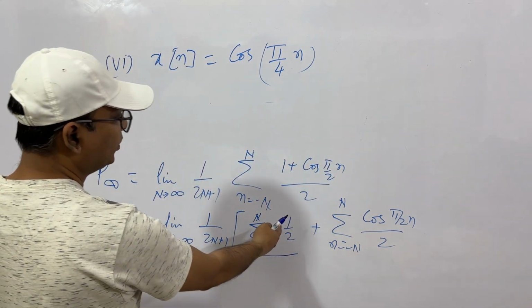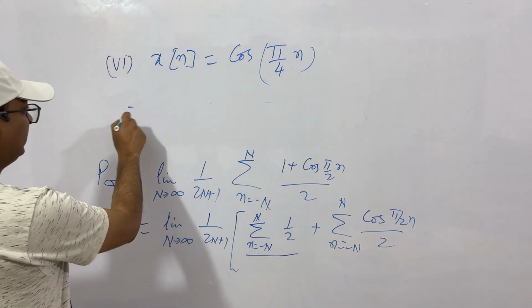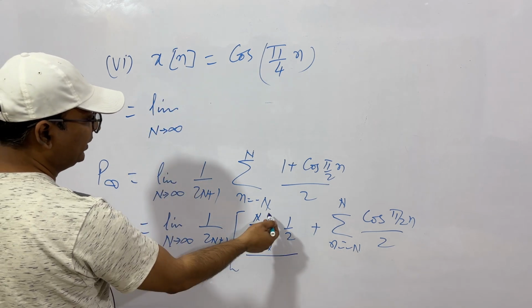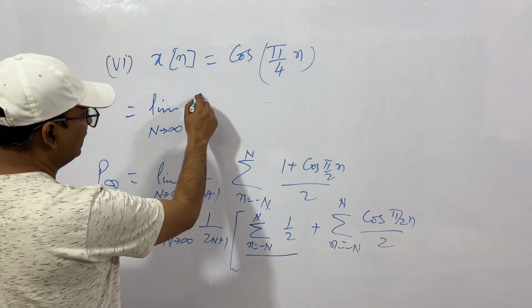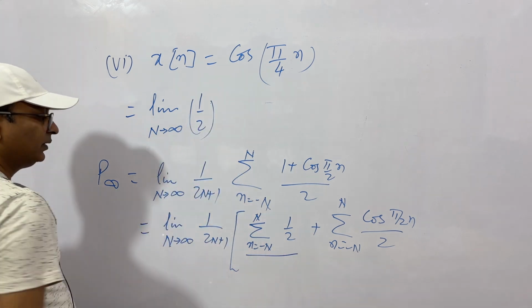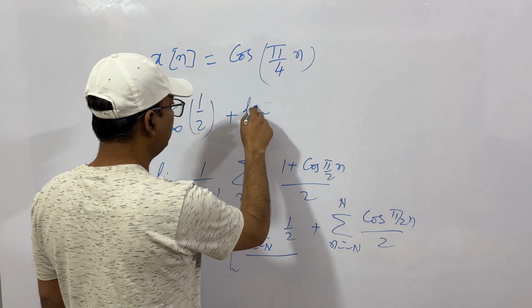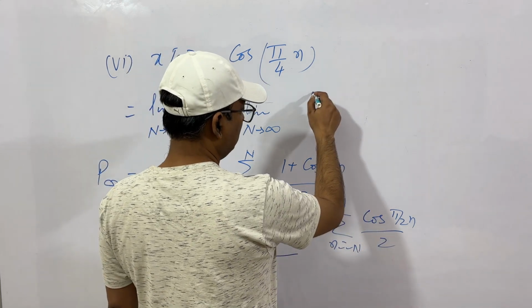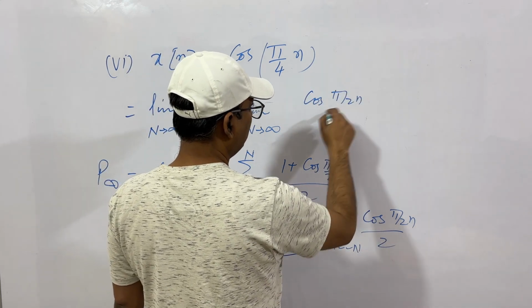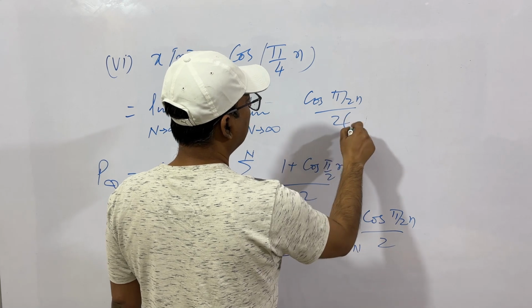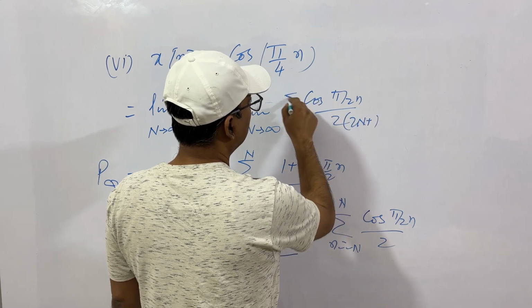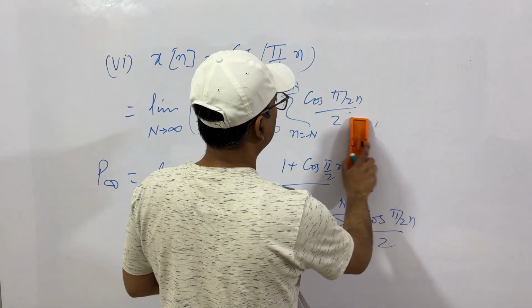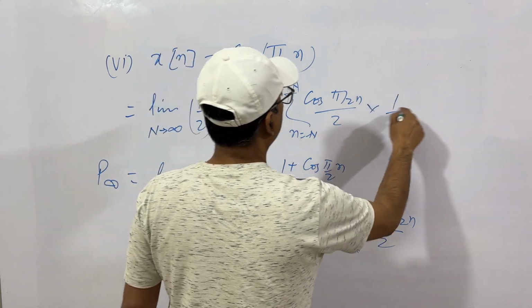This value we saw, for 1 it was 2n plus 1. So this will be half of 2n plus 1, so half, where we don't have any term in n. And the second will be limit n tending to infinity of the summation of cos(pi by 2 n) into 1 by 2n plus 1.